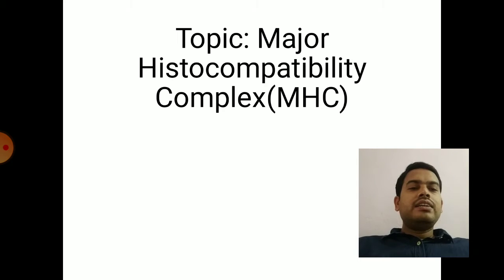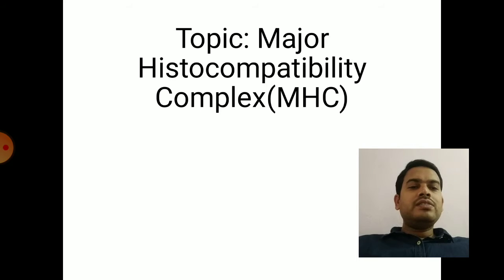Generally, this MHC is coded by genes which are called as HLA genes that are present on the chromosome number 6 in humans and chromosome number 17 in mice.